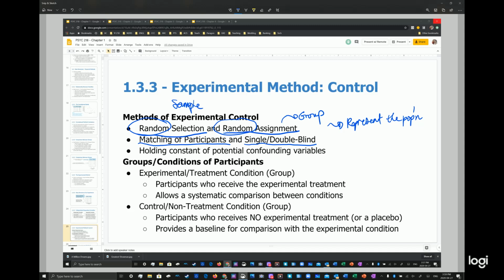And this is very important because there is something called a demand characteristic. That means, for example, if participants know that they're in an experiment and they know what group they're in, they might act the way they think they're supposed to. For example, if you talk to a police officer and you want to be a good citizen, you might want to be helpful.